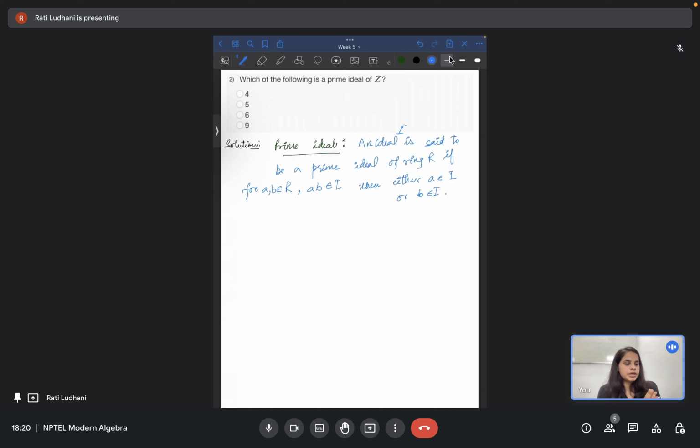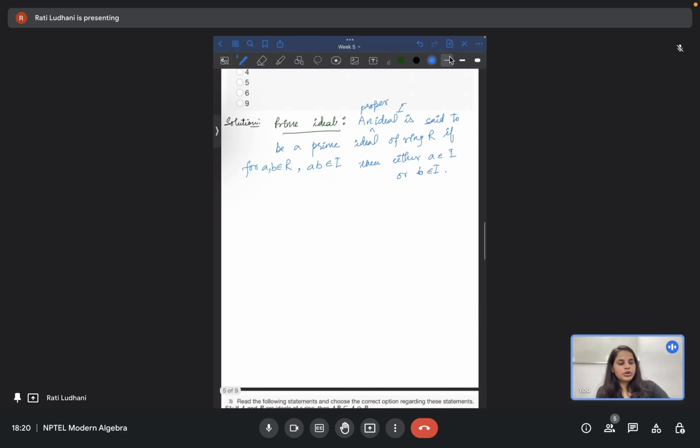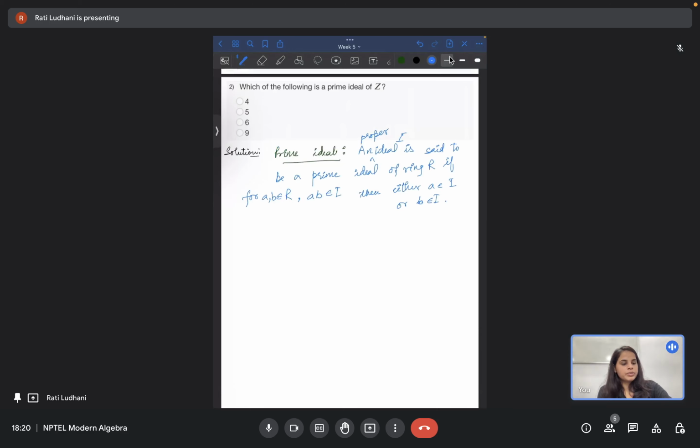So that is a prime ideal. I think I should say proper ideal. This should be a proper ideal. It should not be the whole ring.